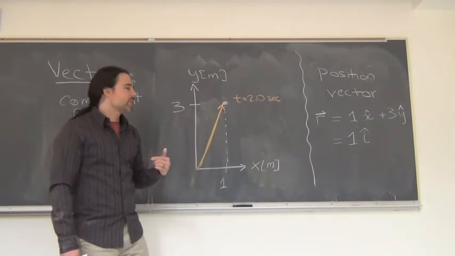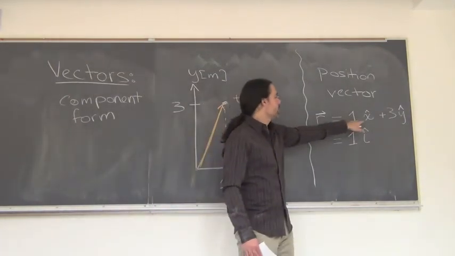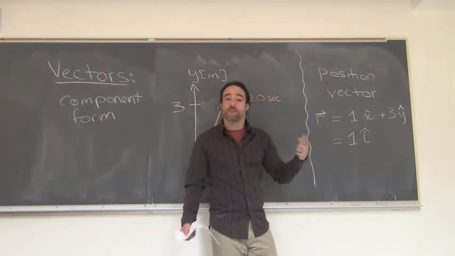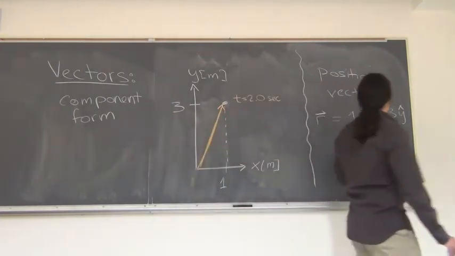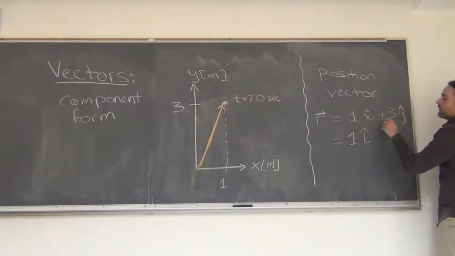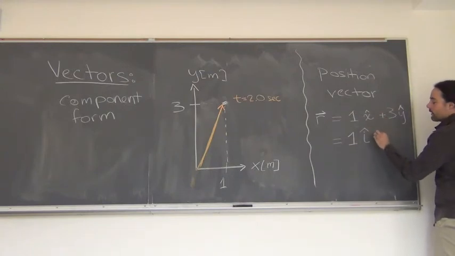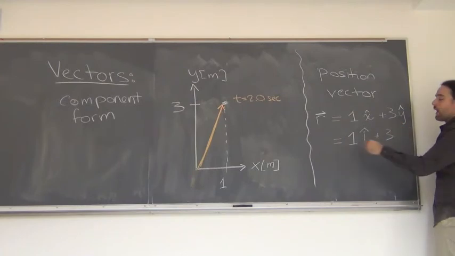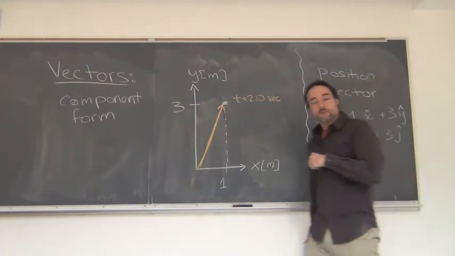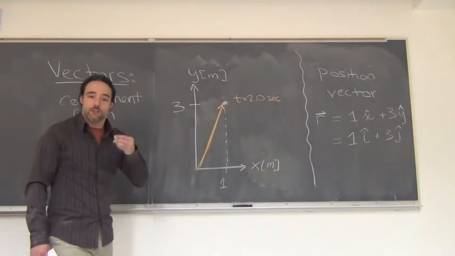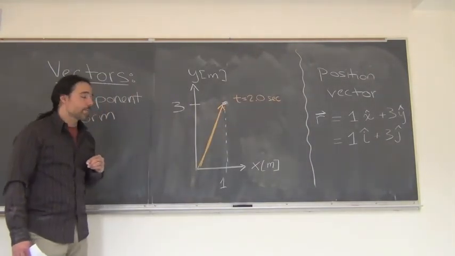The reason they do this is they don't want people to get confused with x. Sometimes x is a variable, so rather than worry about that, they use the letter i instead. So you'd say in the i direction, and instead of x and y, you'd use i and j. But it means the same thing. It just means over 1 in the x direction, up 3 in the y direction.